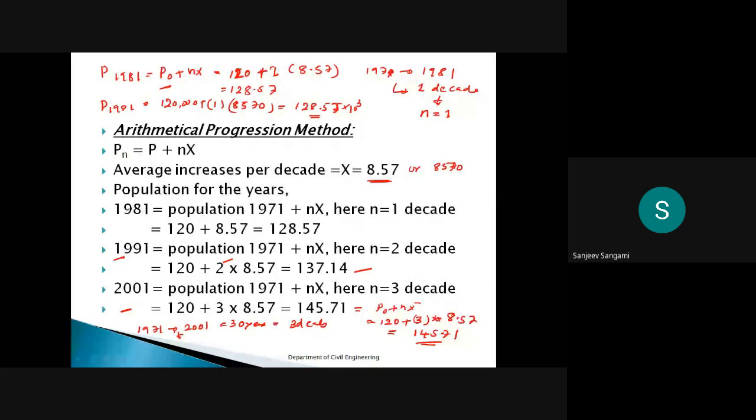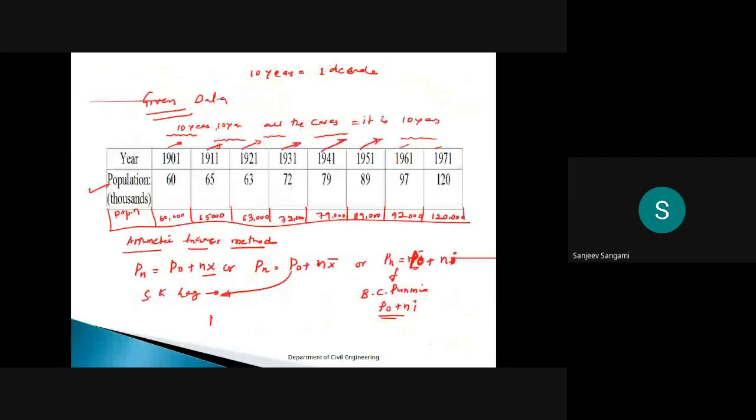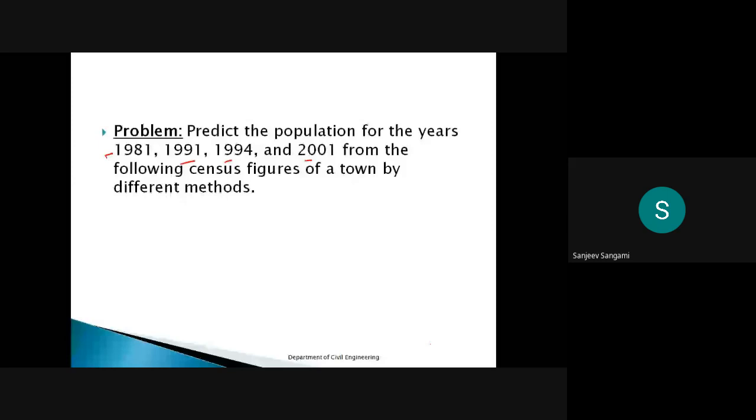So according to this problem, he told us to calculate 1981, 1991, 2001, which we already calculated. But very important: from 1981 to 1991, it is always 10 years, that is 1 decade.